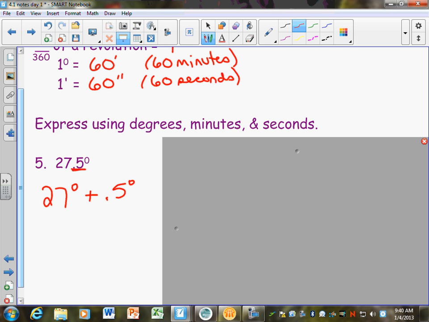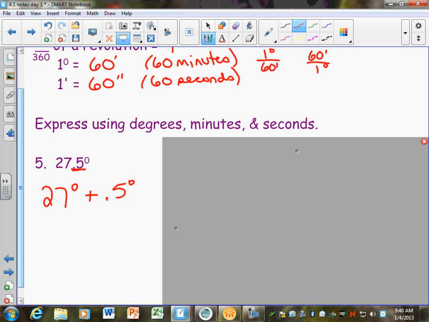And right here's my conversion. There are 60 minutes in 1 degree. It's all about lining it up. If I want to change this degree into minutes, I'm either going to multiply by 1 degree over 60 minutes, or I'm going to multiply by 60 minutes over 1 degree.